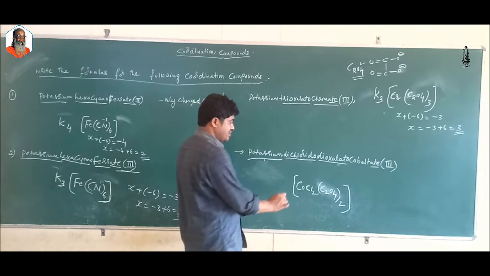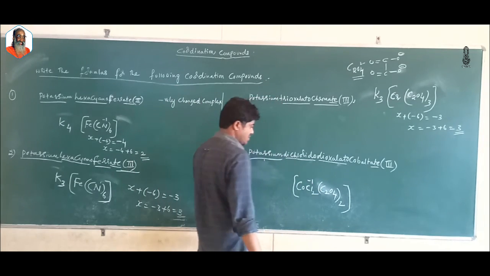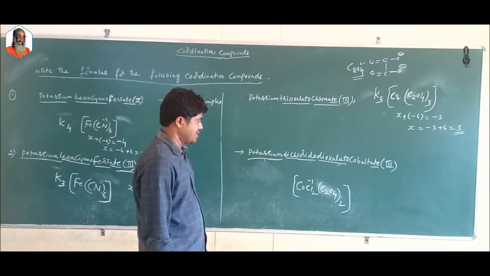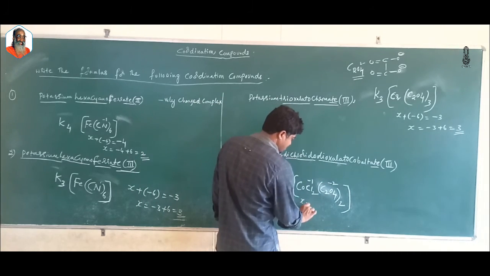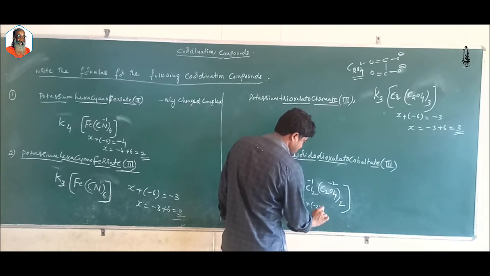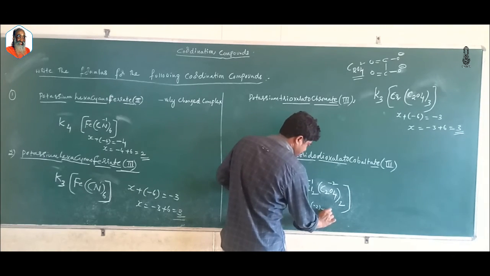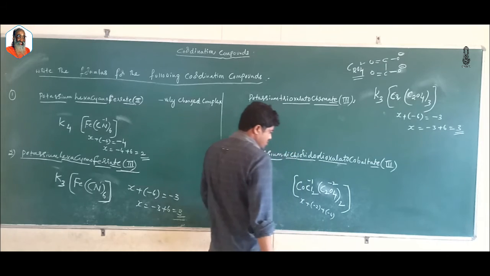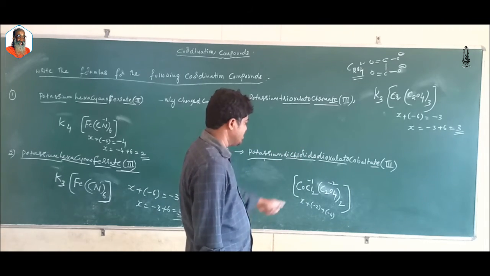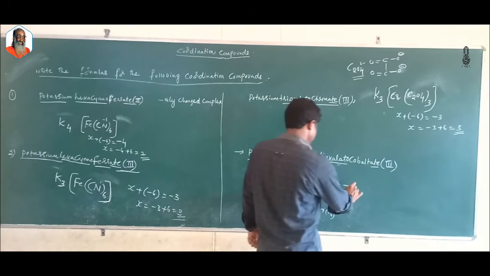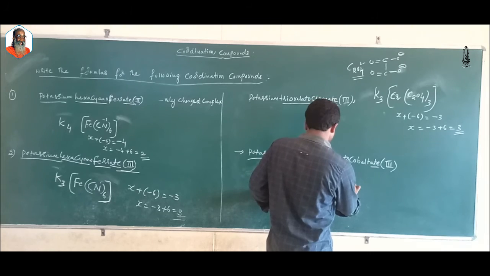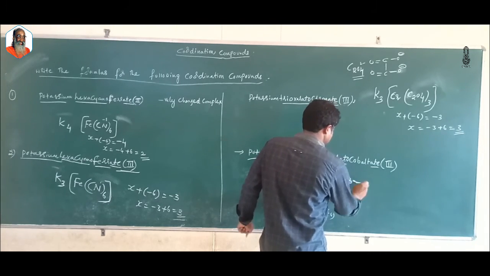What is the charge carried by each chloride ion here? -1. What is the charge carried by the oxalate ion? -2. So x plus (-1 into 2) plus (-2 into 2), that is -4. What should be the charge on the complex here? It should definitely be 3 minus.